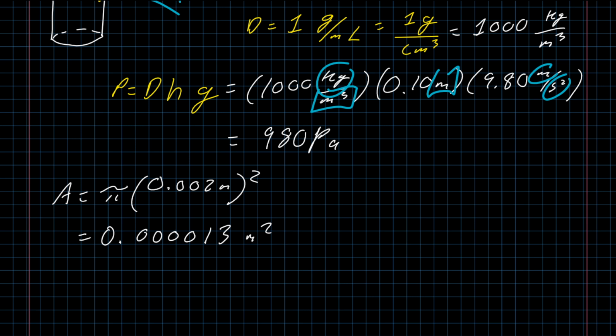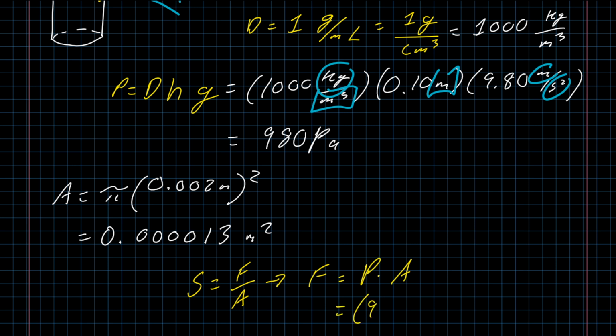But the interesting thing here is now that we know the pressure and we know the area of the hole that it's going to be going through, well, if stress or pressure is force divided by area, then force is pressure times area.